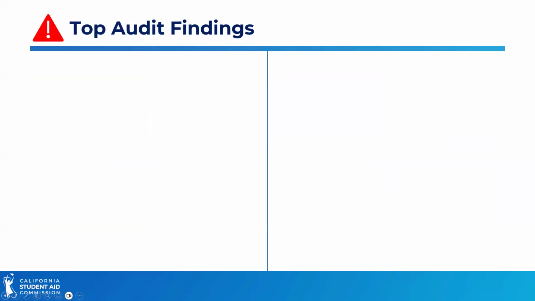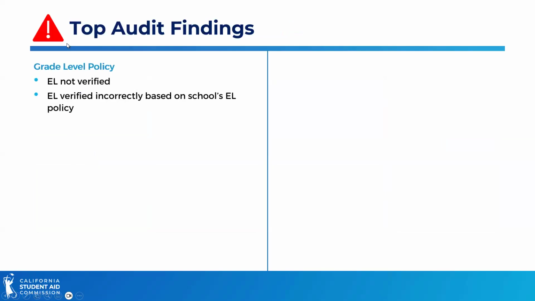So some of the common audit findings that we see are around grade level policy. The education level of an individual student or multiple students was not verified at all. Perhaps it was flagged for verification and was not verified, or it was verified incorrectly based on your school's EL policy.